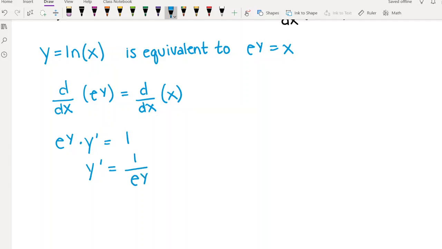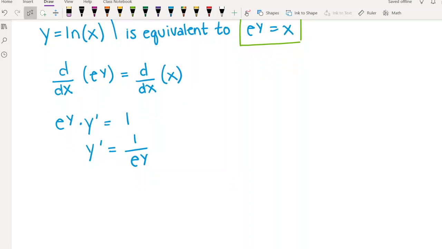So that's true. Right now we have a true statement, but just like in yesterday's video, because our original statement was a function of x, we should also be able to write our derivative as a function of x. And in this case, it's a lot easier than in yesterday's video, because the key for translating between x and y is that e to the y is supposed to be equal to x.